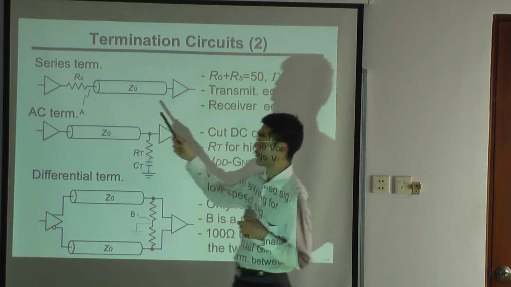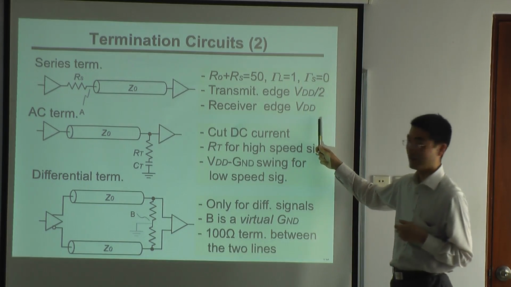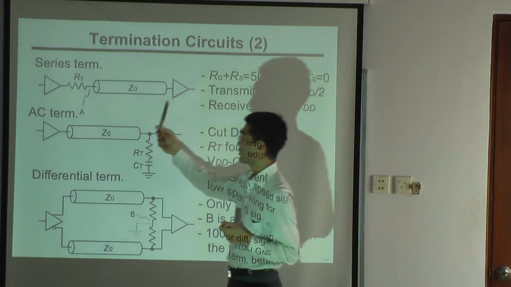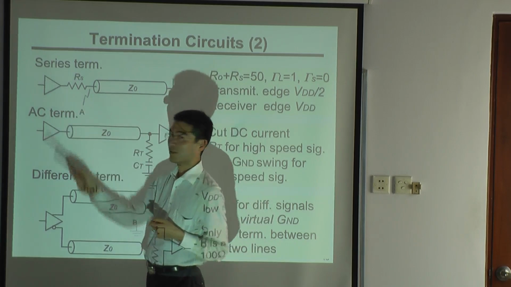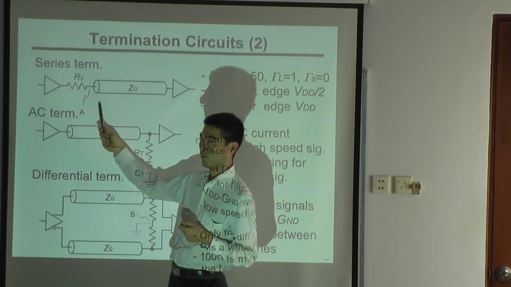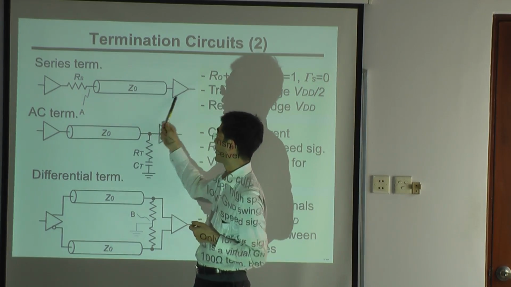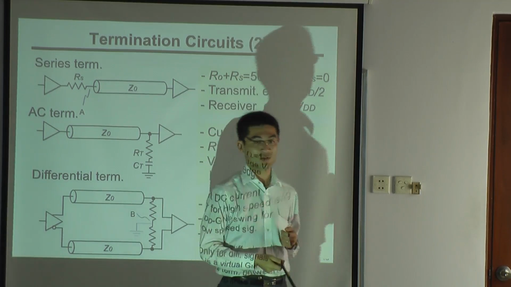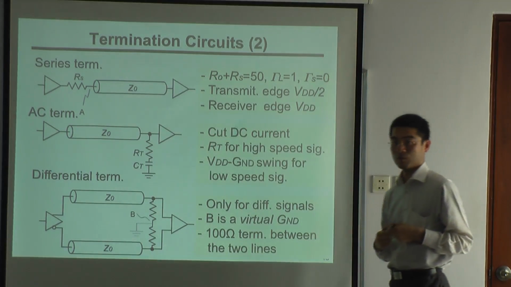After the reflection, it will have VDD voltage. And because the source side is matched termination, there are no multiple reflections, it only reflects here and goes back like this.